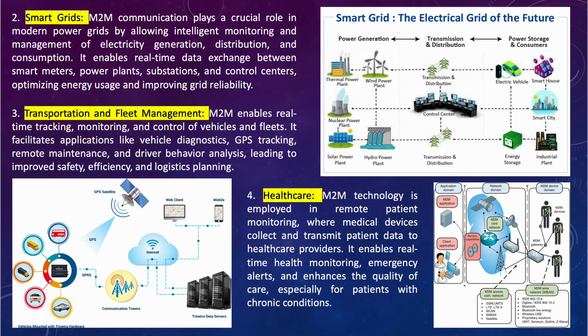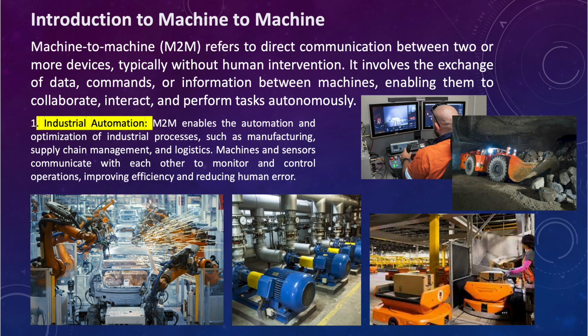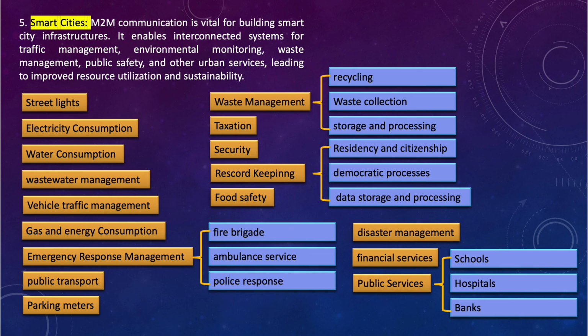Machine to machine is an old concept compared to IoT, but we will see how machine to machine has evolved today using IoT, that is, how machine to machine is working with IoT.